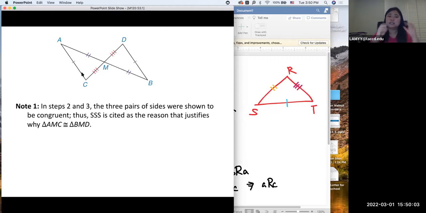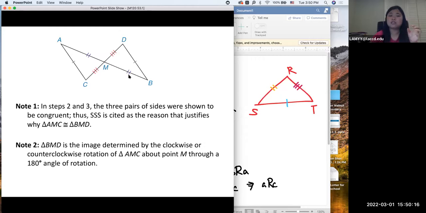Congruent means they are exactly the same triangle, regarding the sides and the angles. But when you look at the picture, it doesn't look like they're exactly the same, because if you rotate triangle AMC 180 degrees, you can see they're exactly the same triangle.